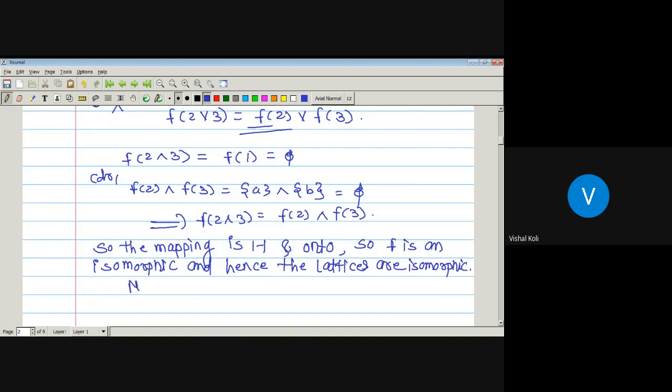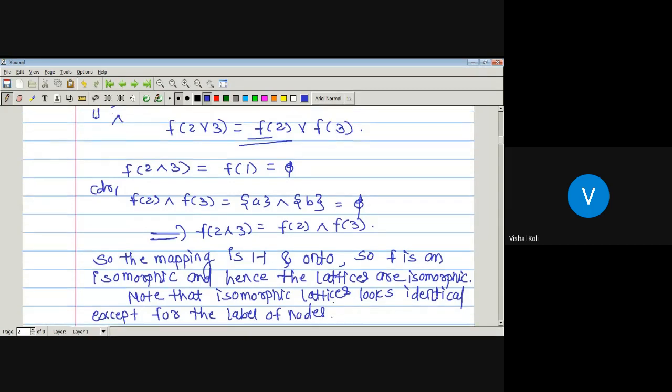Here, note that the isomorphic lattices look identical except the label of our nodes.